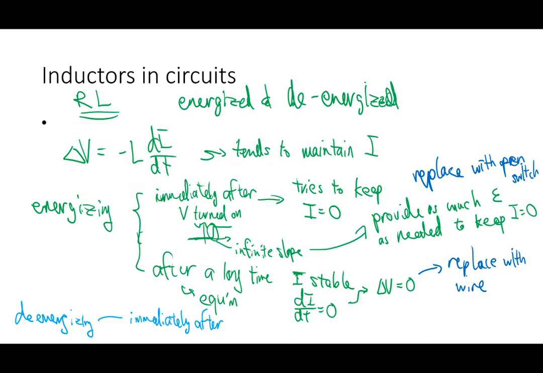So immediately after, because you're flipping a switch again, there's this big vertical step, infinite slope. You can have as much voltage as you need to keep the current the same as before.